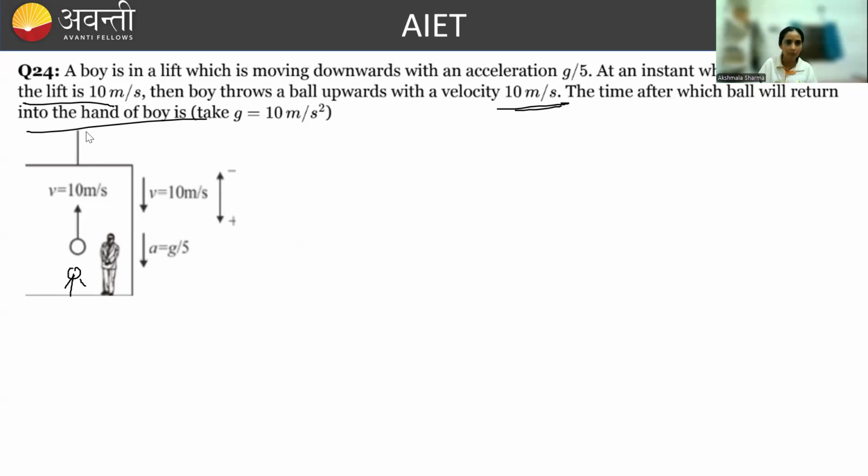So if he is throwing the ball upward, with what speed has it been thrown? 10 meter per second. So initial velocity of ball with respect to the boy, that is with respect to lift because boy is in lift, is equal to how much? Velocity of ball with respect to ground minus velocity of lift with respect to ground.